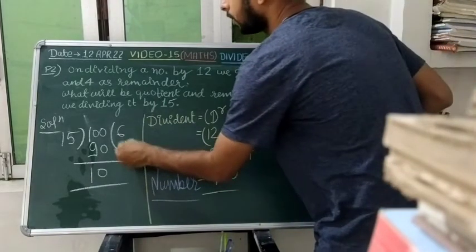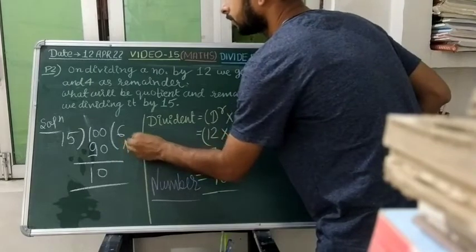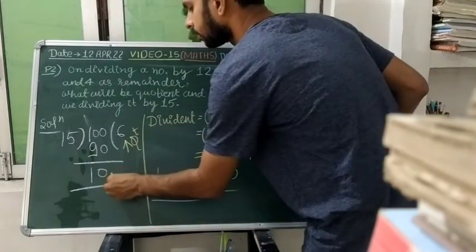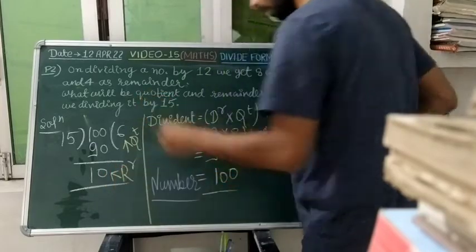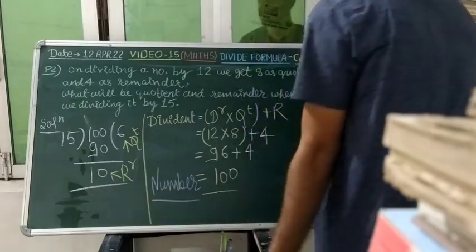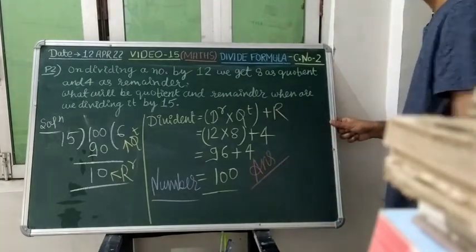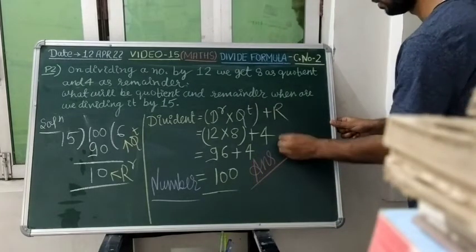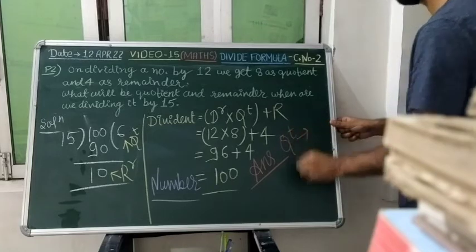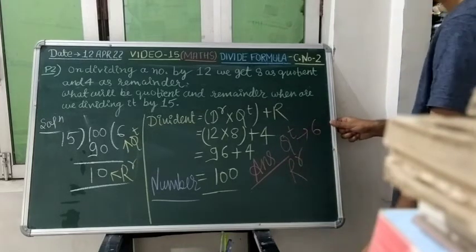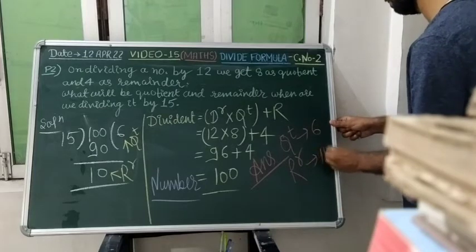So 6 will be our quotient and 10 will be our remainder. So your answer will be, quotient is 6 and remainder is 10.